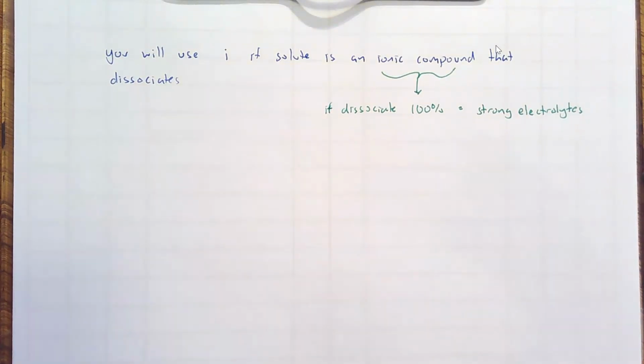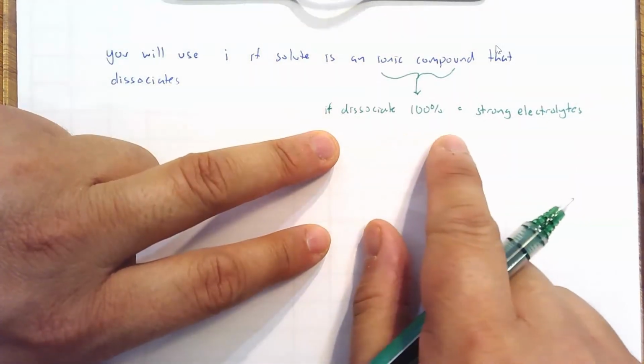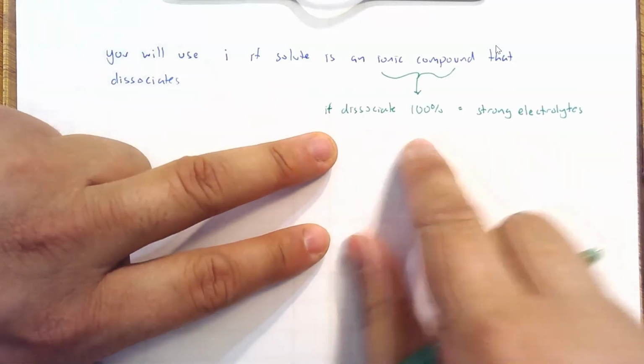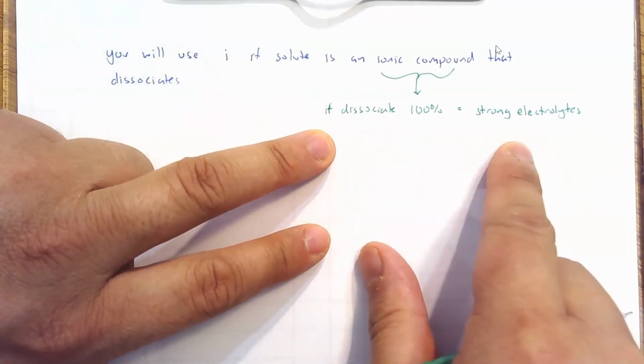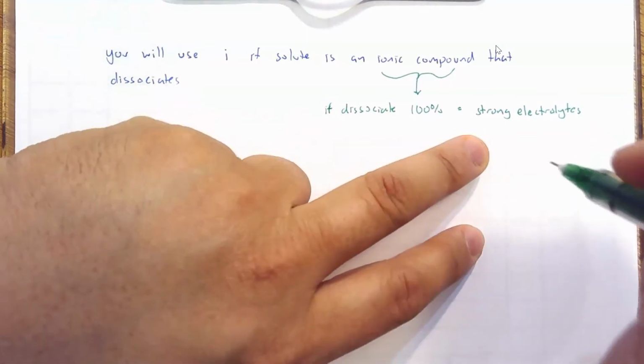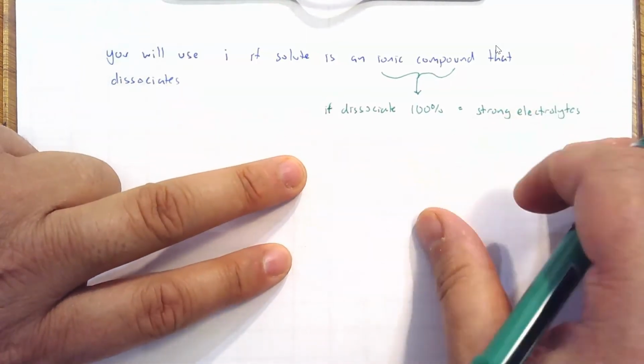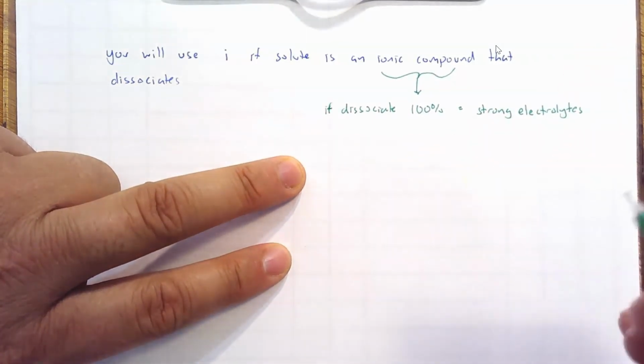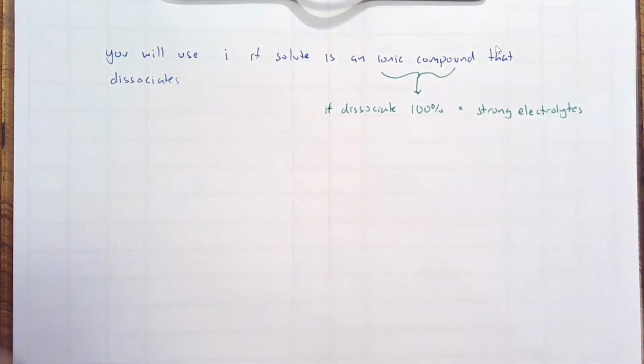So a drink like Gatorade or Powerade or some other high electrolyte drink that has a lot of salts in it, you would want to take to replace the salts that you did lose. The other thing is that when you have a solution of water that has strong electrolytes, then that solution can conduct electricity.